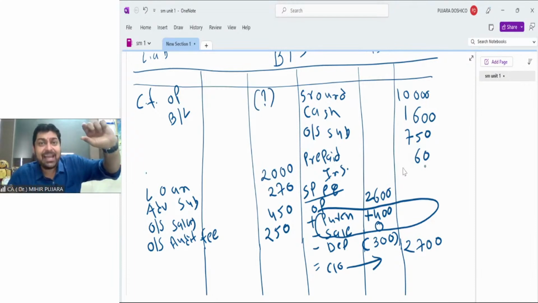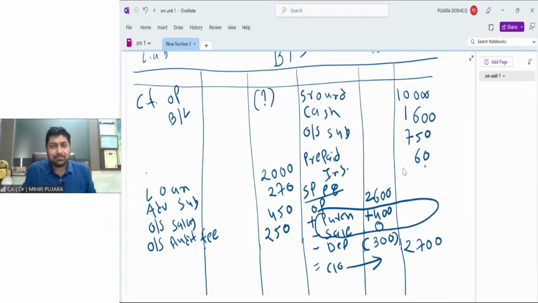Sir, actually 2600 my opening balance, 300 depreciation, it should be 2300, but it is given 2700. What does it mean? 400 is purchase. Now it is clear guys.